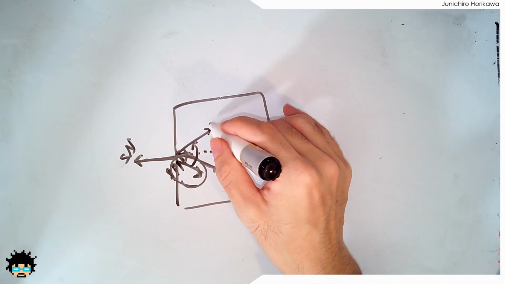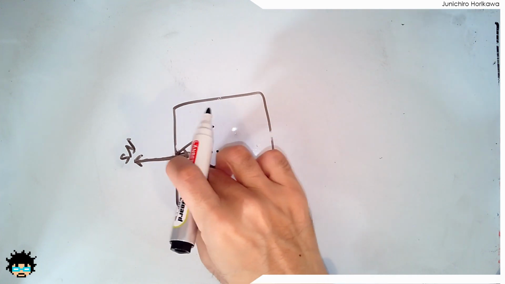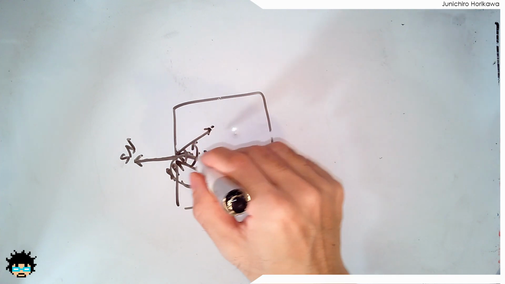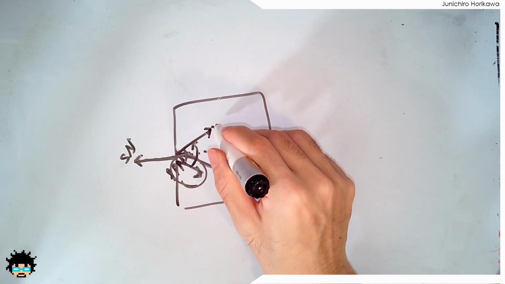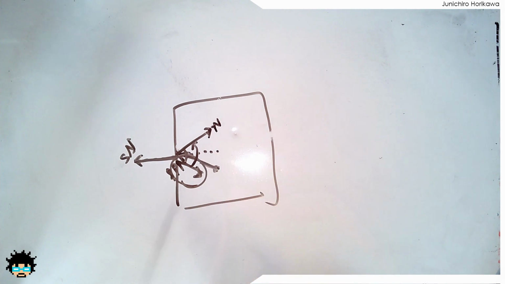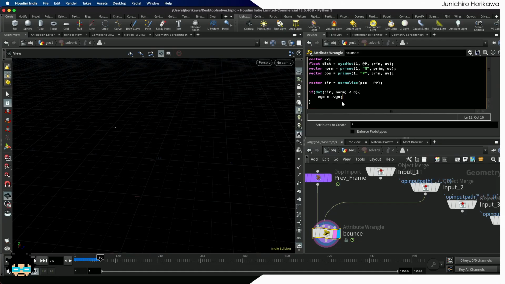And as a result, you'll be able to bring this opposite direction to a reflected direction like this. So that's what I would like to do here as code. Right after I make it negative, or the opposite direction, I'm going to create a rotational matrix.